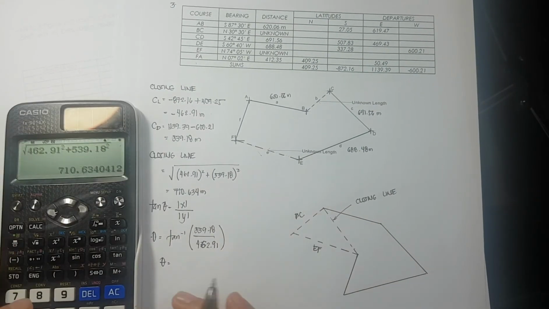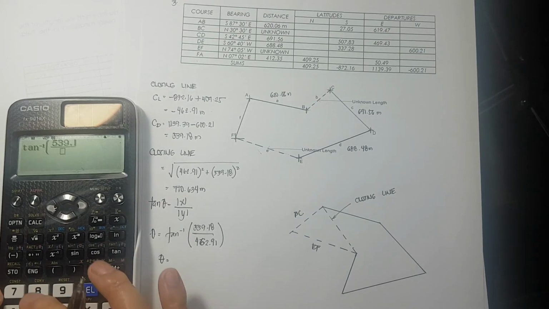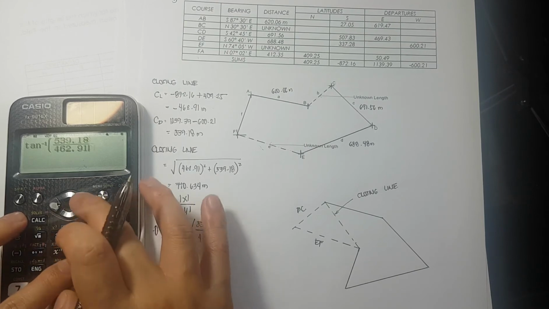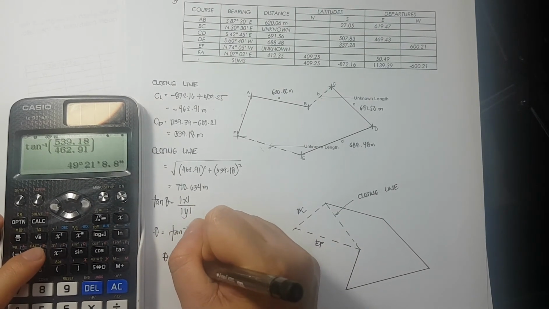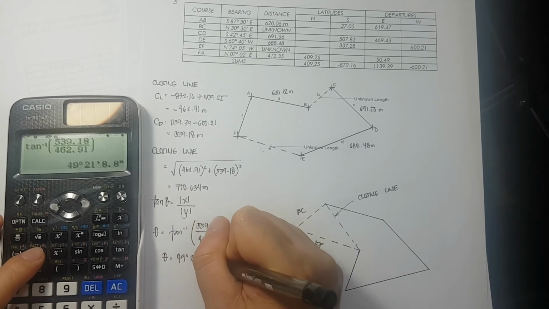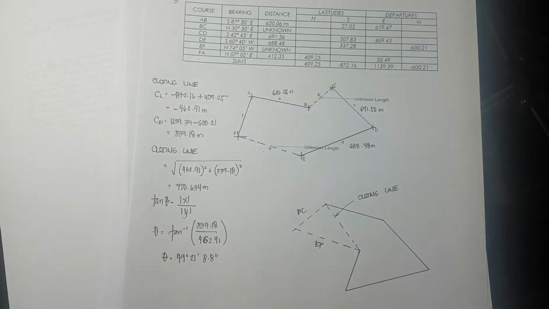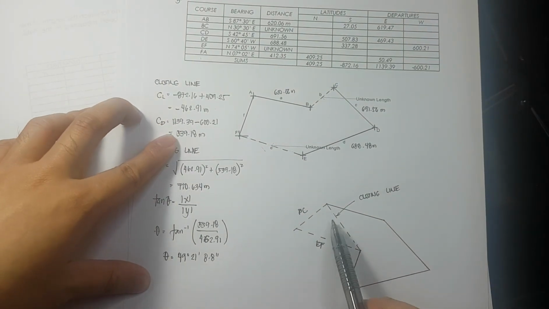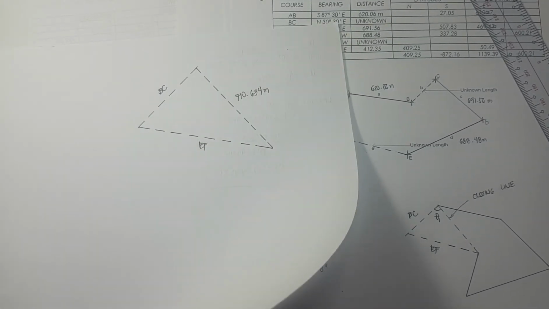Theta is equivalent to arc tangent of 539.18 divided by 462.91, and that is equivalent to 49 degrees 21 minutes 8.8 seconds, and it is from south to east. Okay, so we redrew it so we can figure it out.